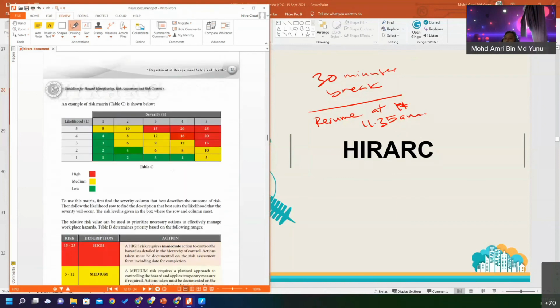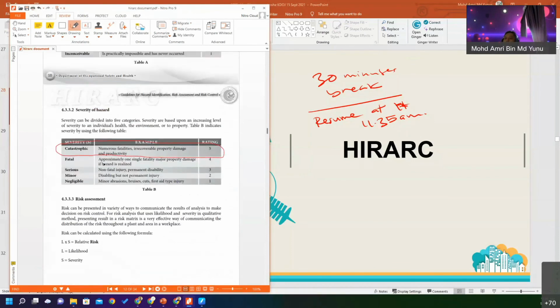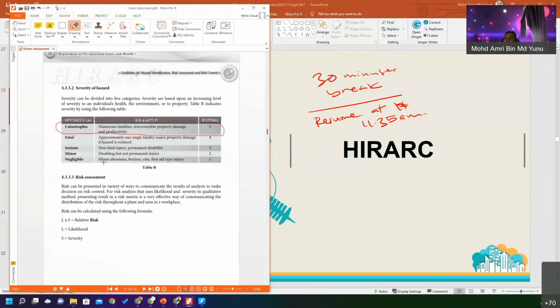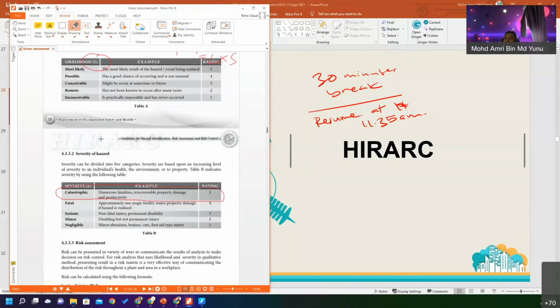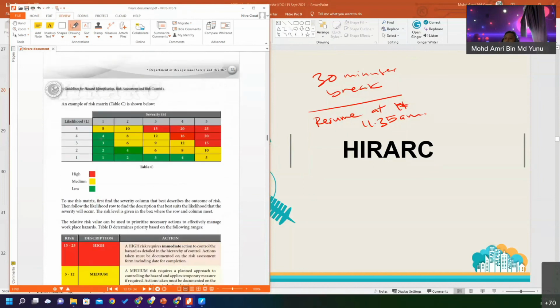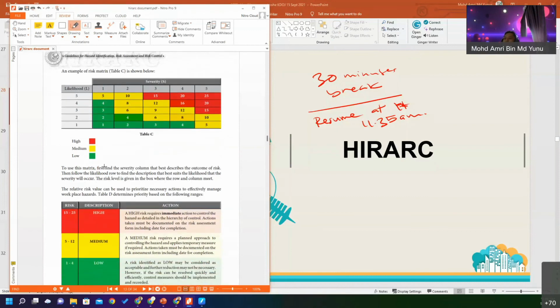Then, when we find out the rating for each component of likelihood and severity, we get the value, and we refer to this matrix. So this matrix shows you the value. For example, if our value is 15 and above, it means that it's high.